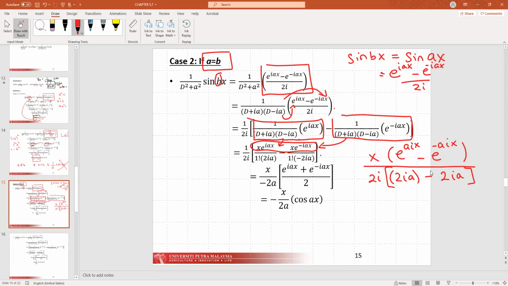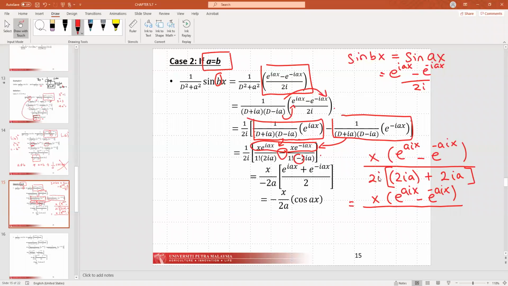So minus jadi plus. Sebab kat sini minus, this is minus jadi plus. Okay, so saya akan dapat 2i times 2ia. So this is just x times e to the aix minus e to the aix minus.